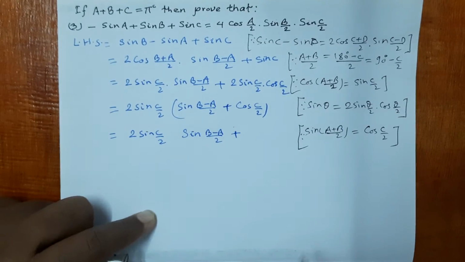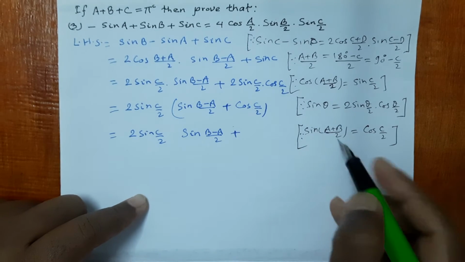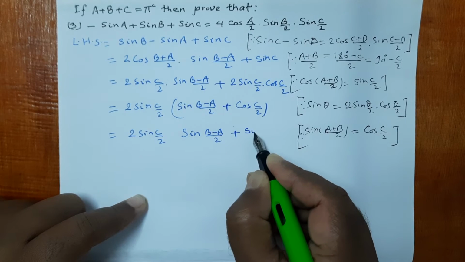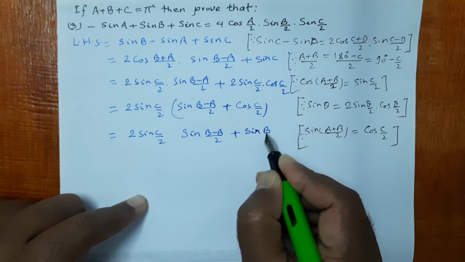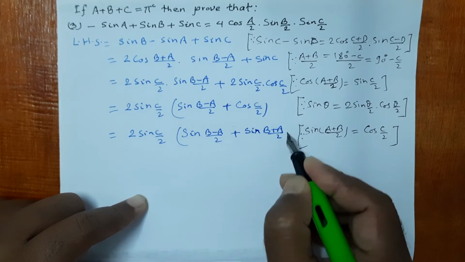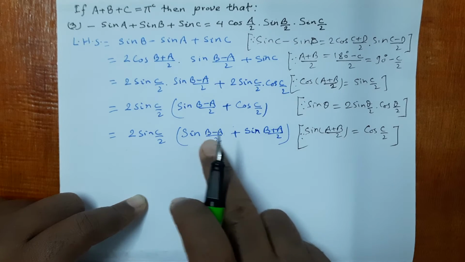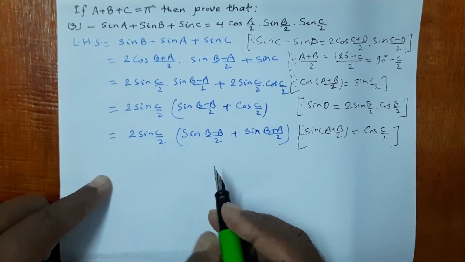So this cos c over 2 can be replaced by sine a plus b over 2, and sine a plus b over 2 is same as sine b plus a over 2. So a plus b is same as b plus a, so I have written b plus a to make the pattern same like this.